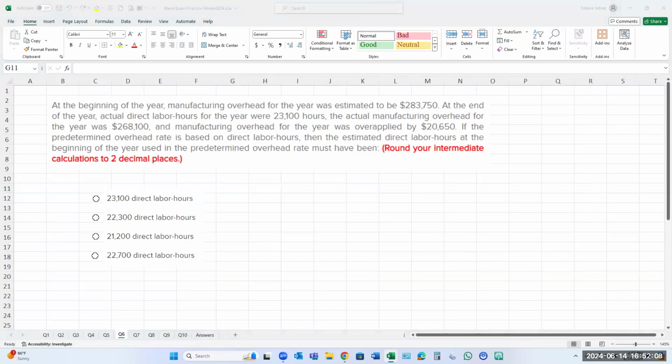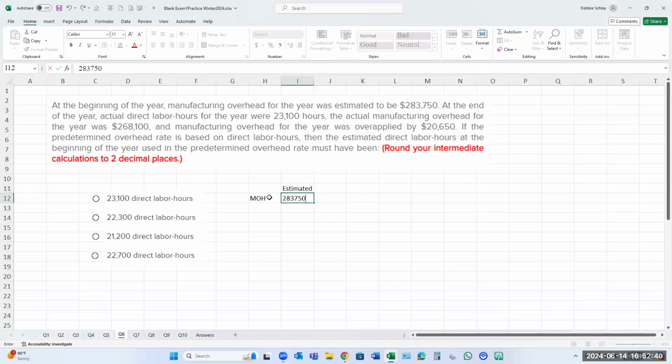All right, question 6. Let's see. At the beginning of the year, manufacturing overhead estimate of 283,750.